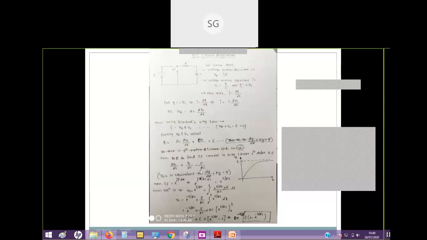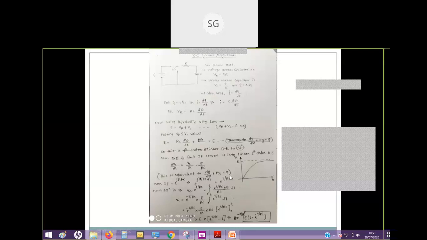Here p is 1 upon RC. So please consider e raised to integration of 1 by RC into dt. Since we know R and C are constant values, we can take them out of the integration sign, and e raised to 1 by RC integration of 1 into dt will give us e raised to t by RC.